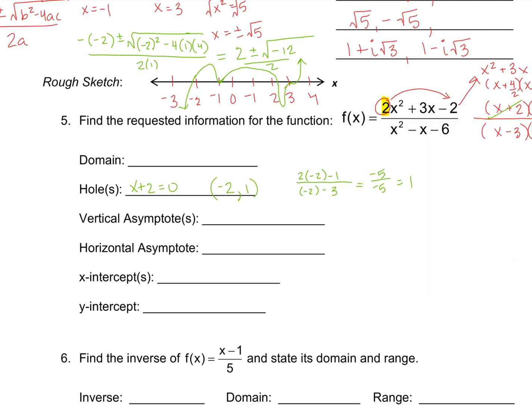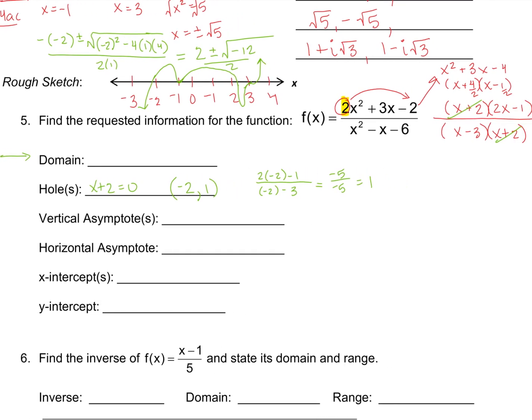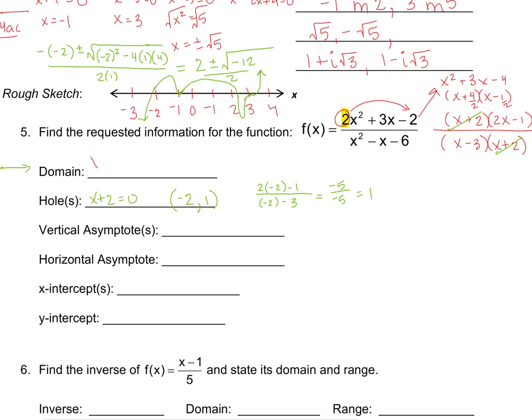Now, domain. I am going to use the remainder of my simplified fraction. So I know that it's going to be the denominator. So domain is denominator. So I take that x minus 3, and I'm going to use him. So I get x minus 3 is 0. I solve, and I know that x cannot be 3.